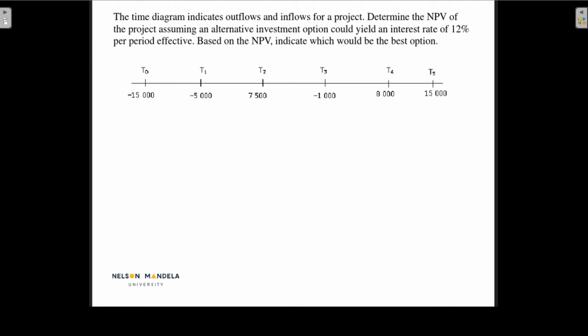Okay, so we can do this by hand. So if we want to get the net present value, the net present value is equal to the following. It's the outflow of 15,000 at time t0, and now we move all the inflows and outflows to time t0. So the first is the outflow of 5,000 rands, and I move it back one time period.